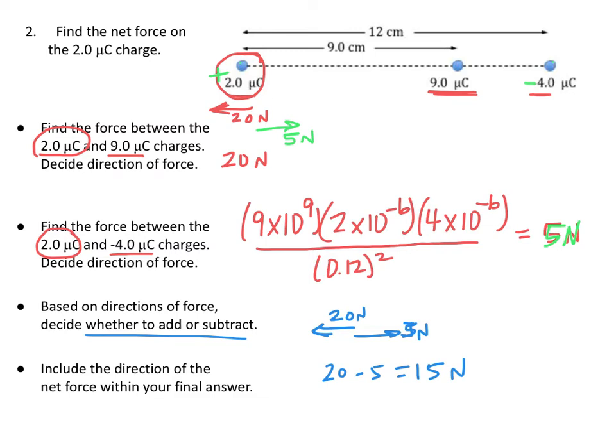And the bigger force is the net force direction. So we would say to the left. Okay, we're going to do another example like this in just a second, so you're going to see it all again. But the key thing is that we had to calculate 2 different values of force and then decide whether to add or subtract them depending on whether the charges were causing a repulsive force or an attractive force.